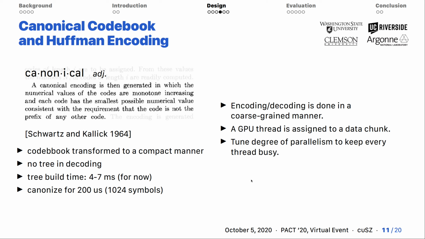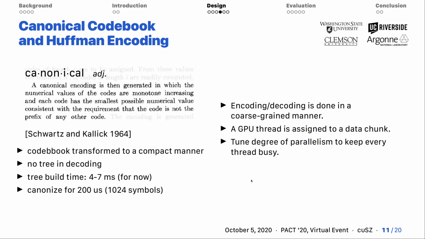Next, it's about Huffman encoding. We use a canonized codebook because it's transformed into a compact manner. And during decoding, we don't need a tree. The current tree building is on GPU. It takes 4 to 7 milliseconds.